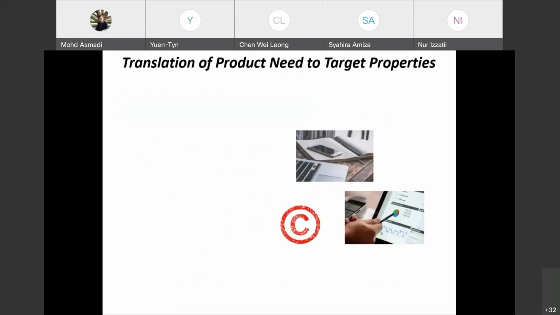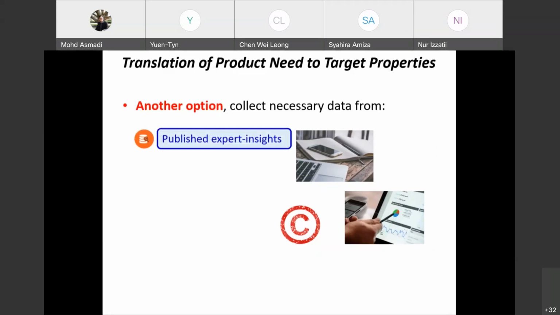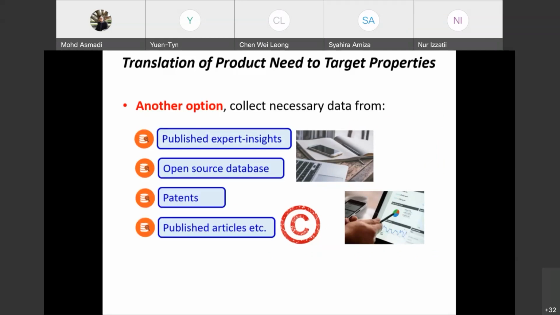Another option, as I told you previously, is published articles. We can collect the data from published expert insight and open source data, published articles. This is what we can use to prepare the translation of needs to properties tables.